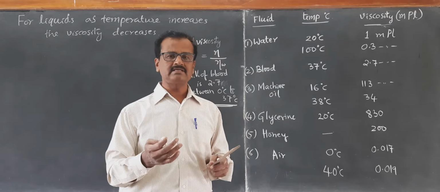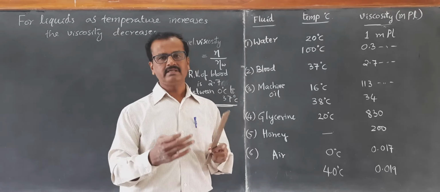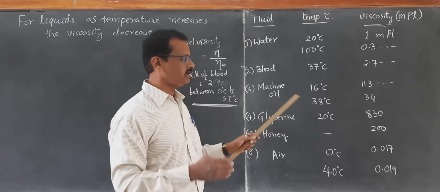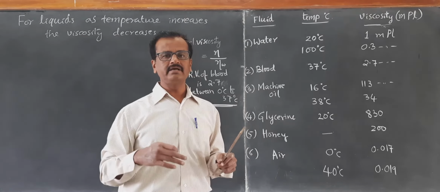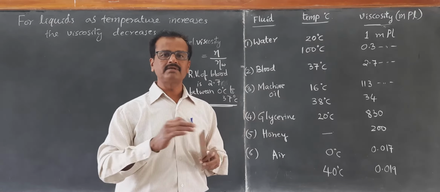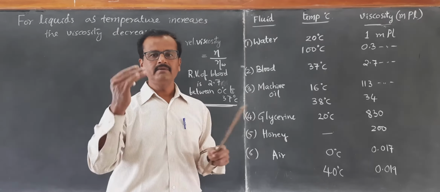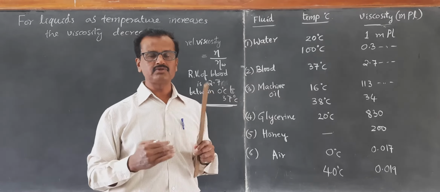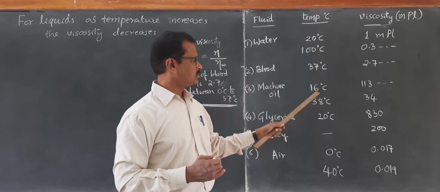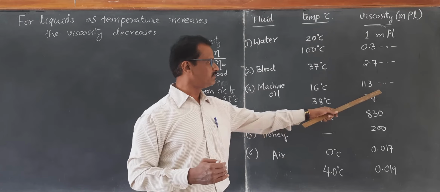Once the vehicle starts, the engine temperature automatically increases. Then the circulation of the machine oil in the interior parts of the engine will be very smooth, and afterwards there will be no much problem. For the second time, third time, it will start immediately. So at low temperature, the viscosity of machine oil is very high, 130 millipoise.